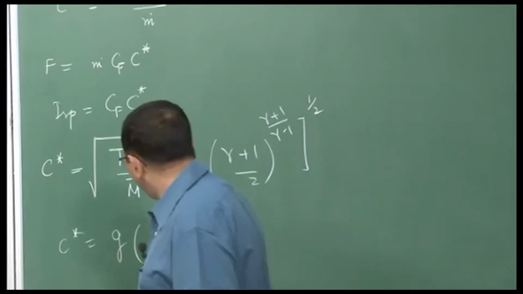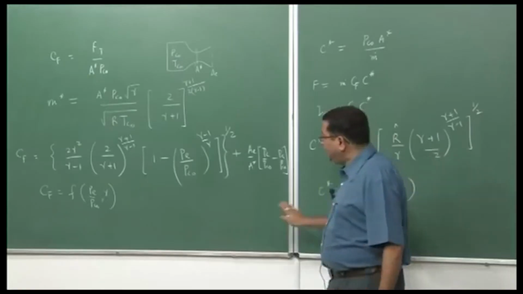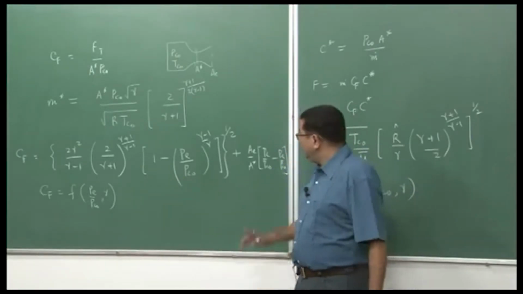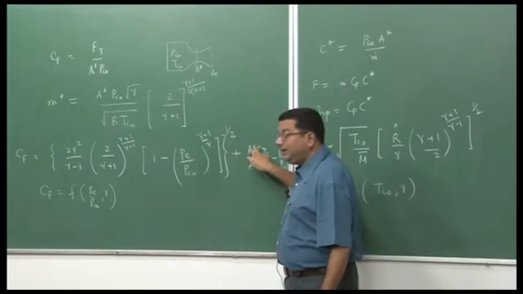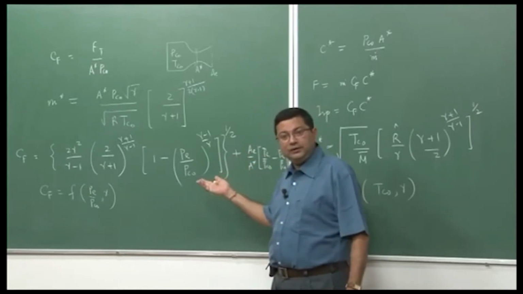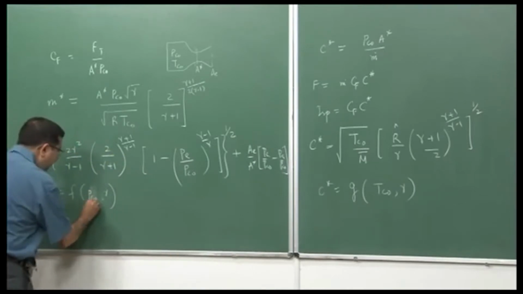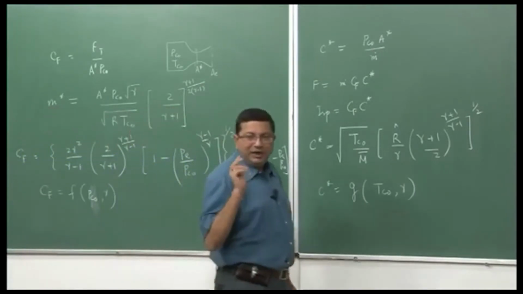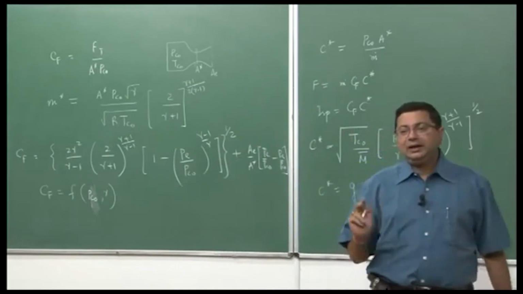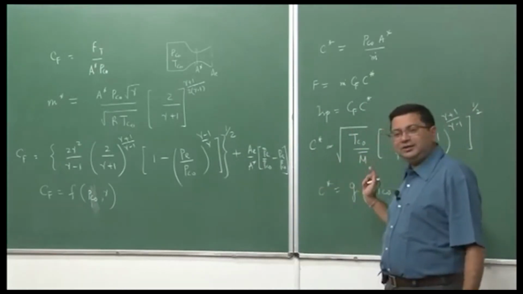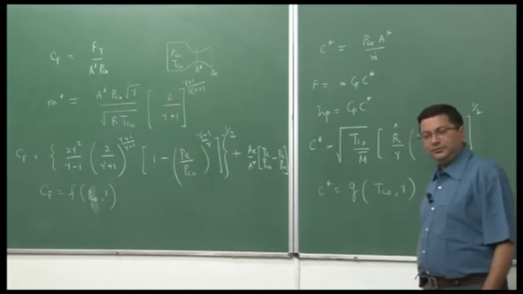So, the operating conditions that we have are essentially T C naught and P E by P C naught. Once again I have said that for the given area ratio, P E is fixed for a given P C naught. So, therefore, this can be replaced by P C naught. So, the two parameters that we have are the stagnation chamber pressure and stagnation chamber temperature.